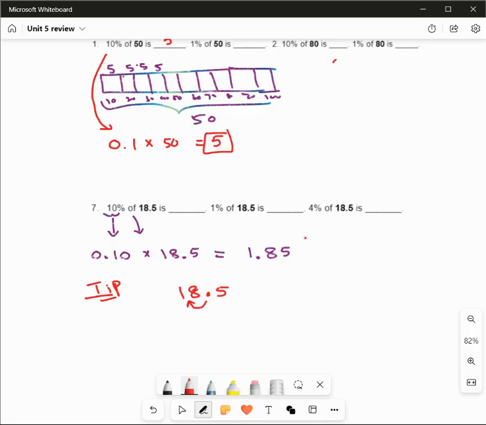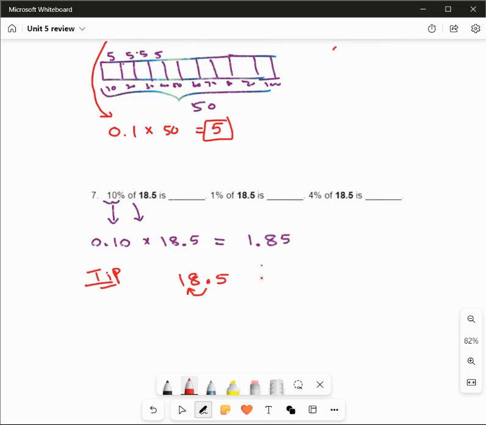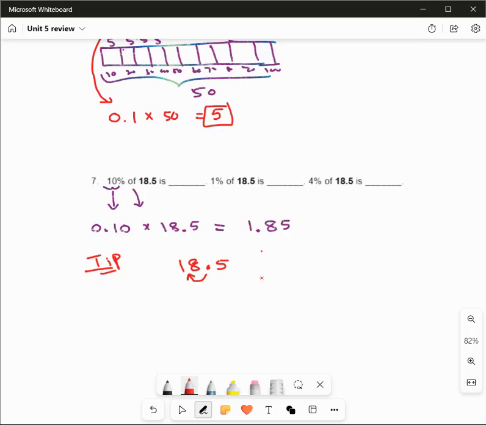Then you can get 1%, multiply by 4%, and you can get the answer that way also. Okay, good. Make sure you practice this one more so you can do well on the test itself. I'm going to give you some time. Please work on the rest of the questions, and then we can go over the next one in a minute.